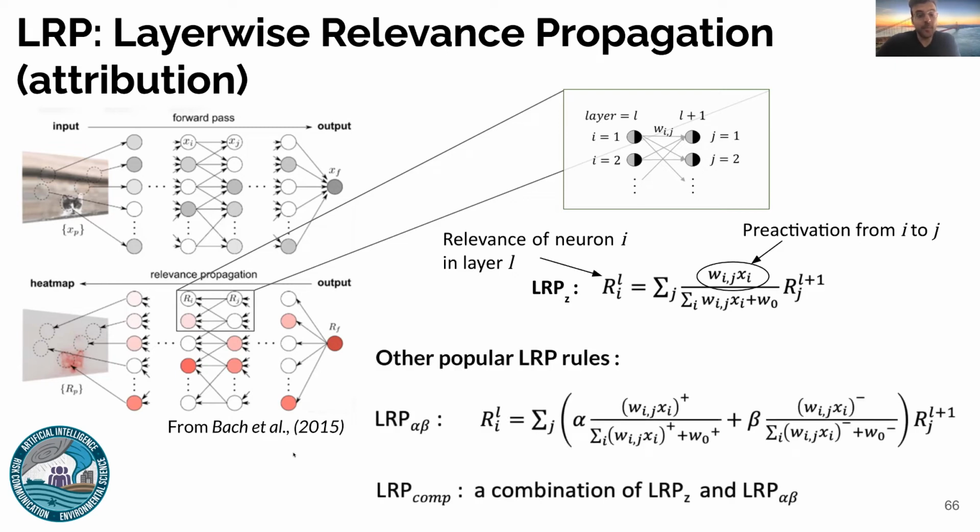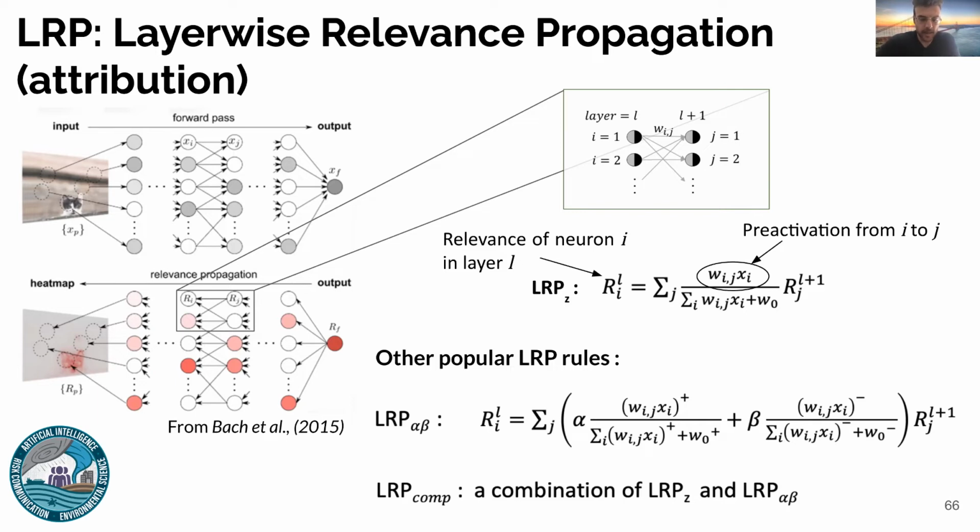However, there are other popular LRP rules as well. For example, the LRP alpha-beta rule distinguishes between positive pre-activations and negative pre-activations. And the reason to do that is, in this way, we avoid having zeros in the denominator, which can make the relevances or the attributions very unstable.